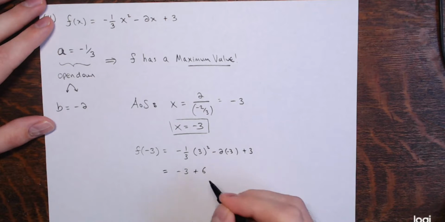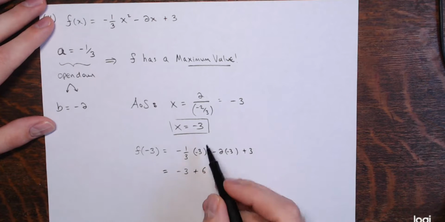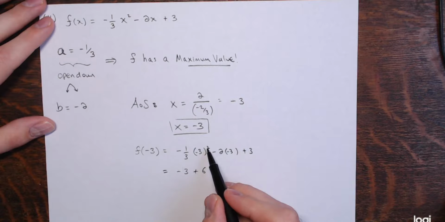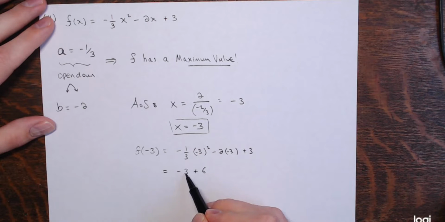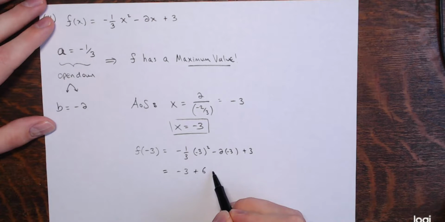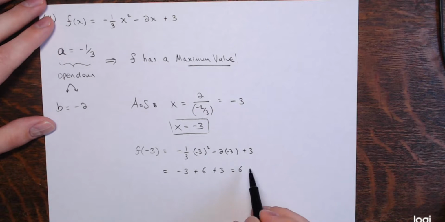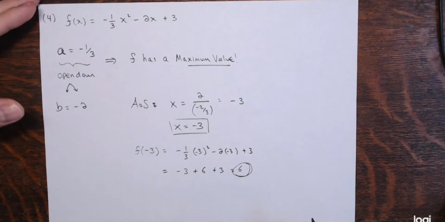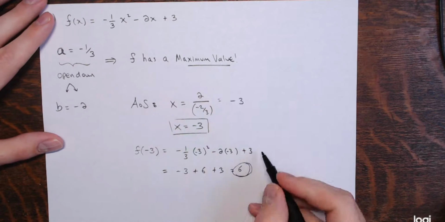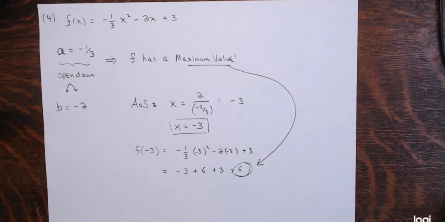My apologies. I'm plugging in negative 3 for x, not positive 3, but still, negative 3 squared is positive 9. That would still be negative 3 in the first term, and then plus 6. And then we have plus 3. Negative 3 plus 3 is 0. This is 6. The maximum value that I'm looking for is 6. That's the highest y value achieved by this function.